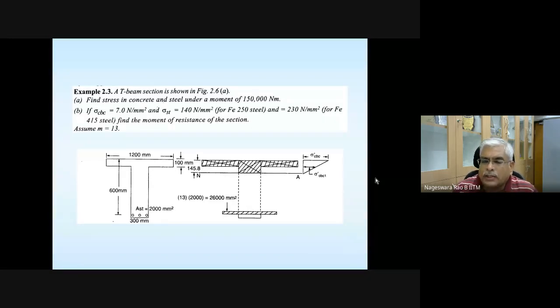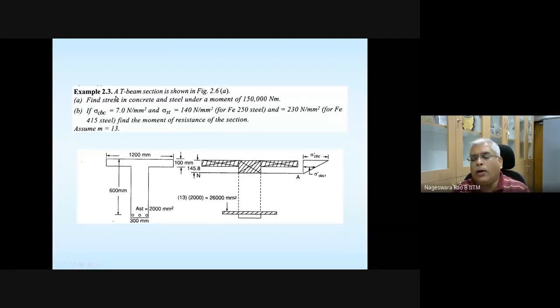Anyway, if you have any questions, you let us know. Otherwise, let's proceed further. And here in this example, which is projected, you have a T section. Okay, the section of the beam is in the form of a T. So please take a note of the important points in this problem here.